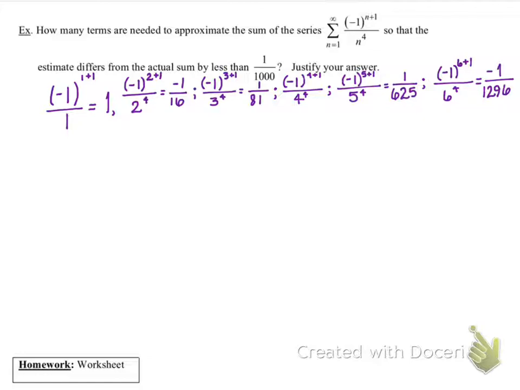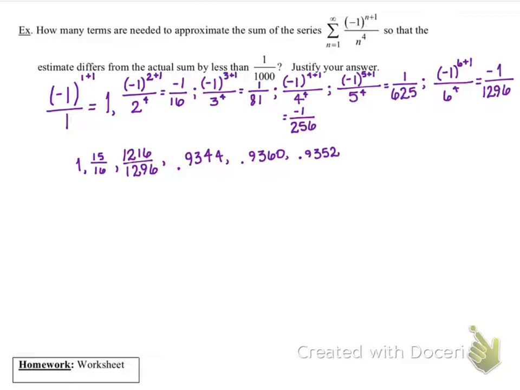I went as far out as I thought was reasonable to figure out when the error of the sum would be less than 1/1000th.